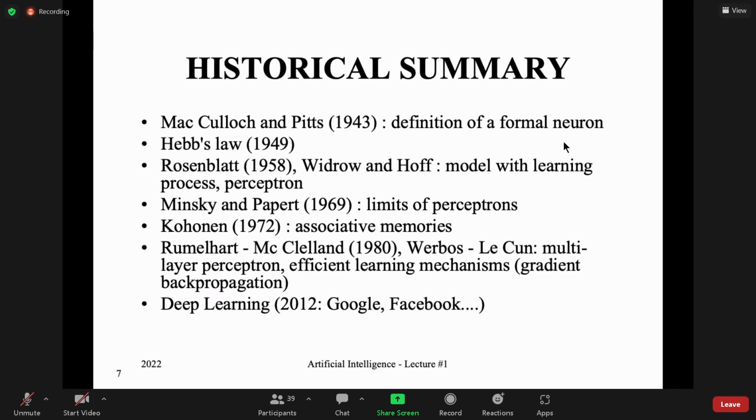Okay, so if I summarize, the first life of the artificial neural network was before 2012. So it was the first generation of artificial neural networks. We are now in the second generation, and in the future we'll maybe see the arrival of a third generation, but I don't know what this third generation will be right now.